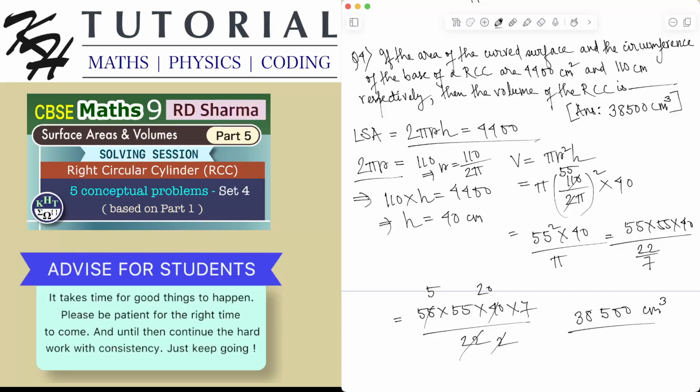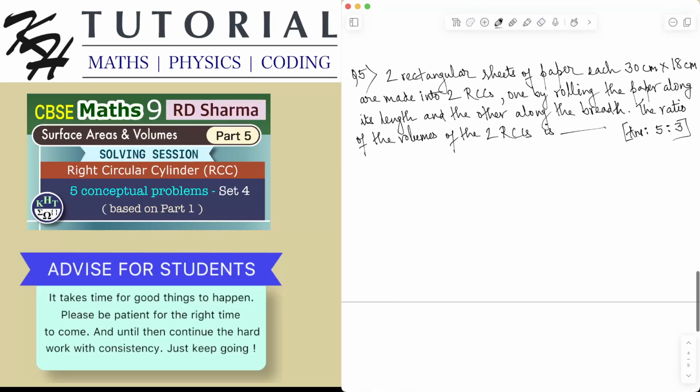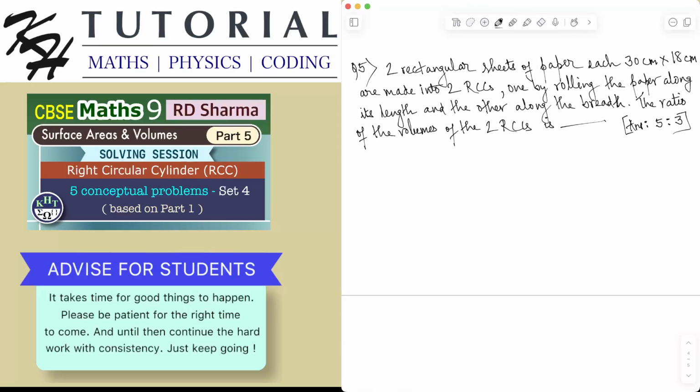Let's see the next problem, the last problem. Two rectangular sheets of paper, each 30 centimeter by 18 centimeter, are made into two RCCs, one by rolling the paper along its length and the other along the breadth. The ratio of the volumes of the two RCCs is, okay.